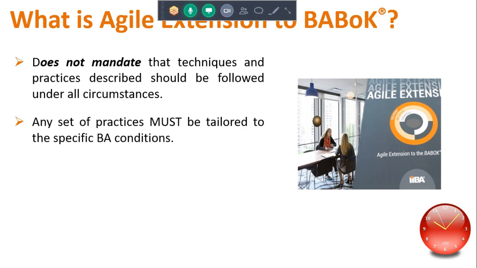I think this goes a little bit to where you were coming from on this, to try and learn the right way to do things. And I think the thing that the agile extension and agile methodologies in general try to emphasize is that the right way is the right way for you.